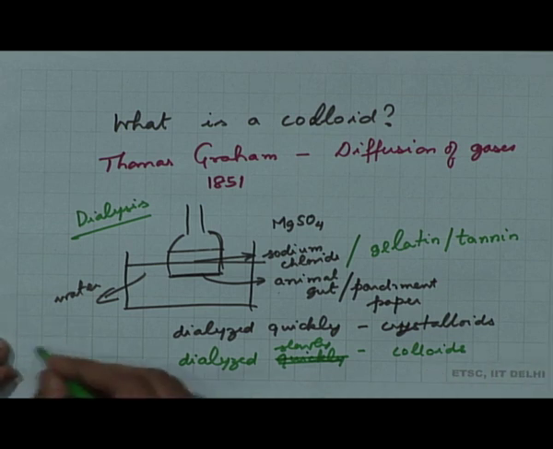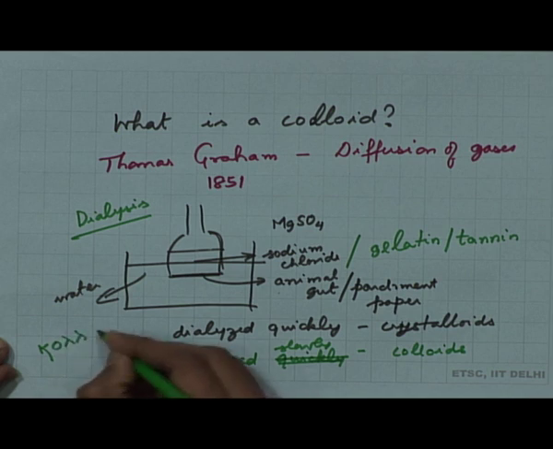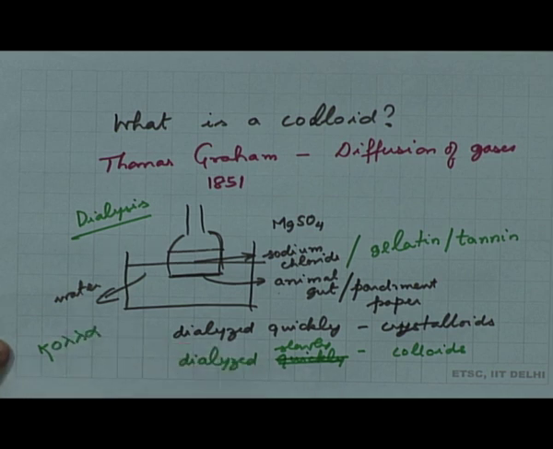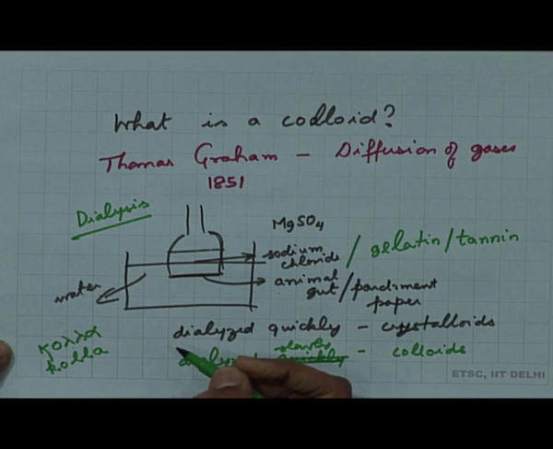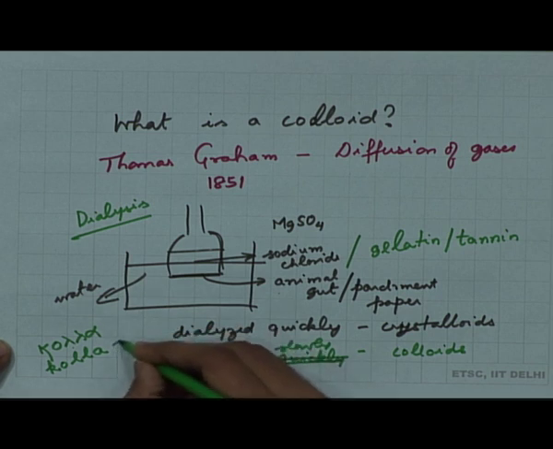And colloids comes from this Greek word. If you know the Greek alphabet, this is kappa, omicron, lambda, lambda, alpha. And if you wrote this in English, it is KOLLA. And kolla in Greek means glue.